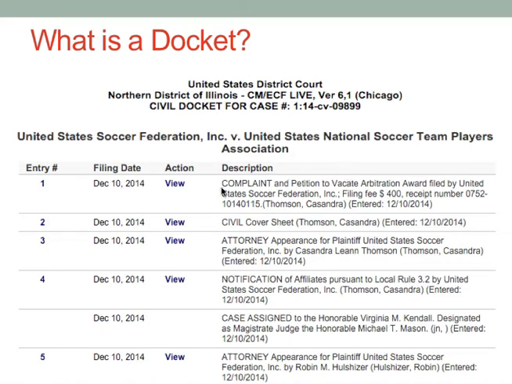So for example, this starts with the complaint and the civil cover sheet that were filed. If I had copied more of it, you'd see there were answers, even things are entered into the record like filing fees and appearances.